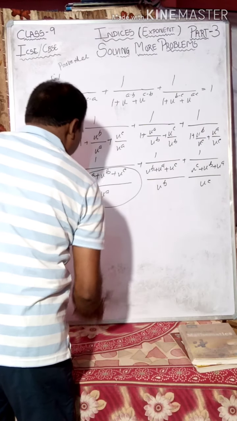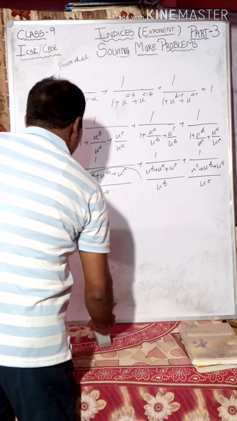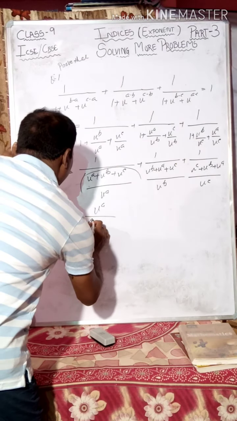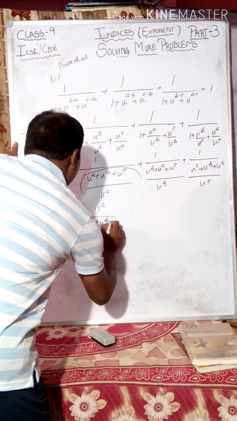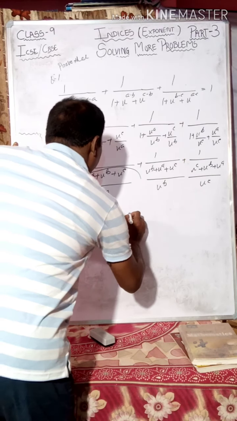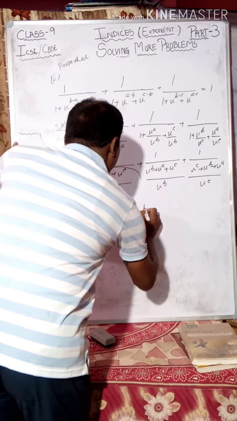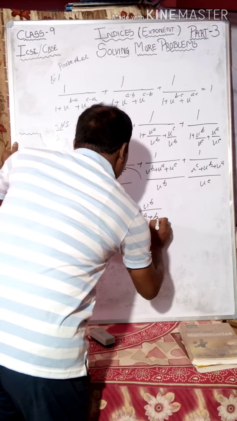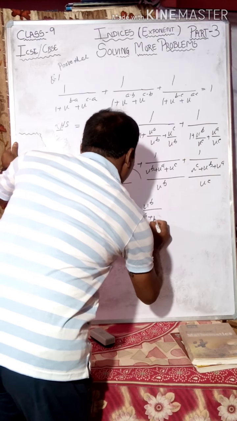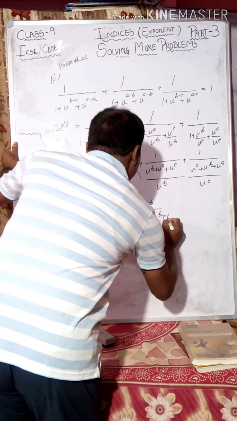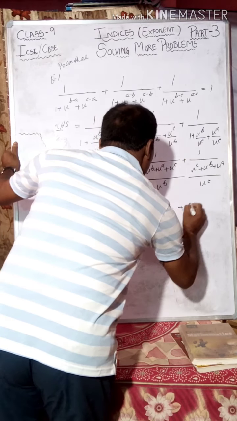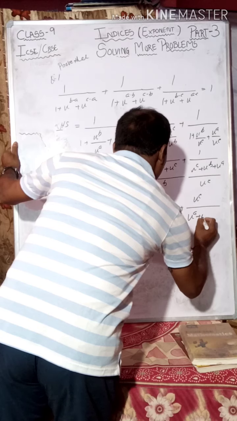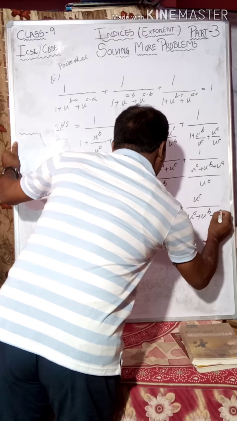It will be x to the power a upon x to the power a plus x to the power b plus x to the power c, plus x to the power b upon x to the power a plus x to the power b plus x to the power c, plus x to the power c upon x to the power a plus x to the power b plus x to the power c.